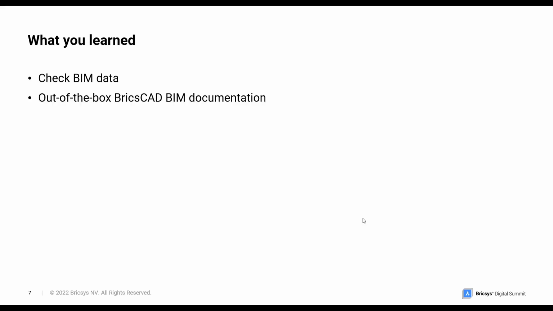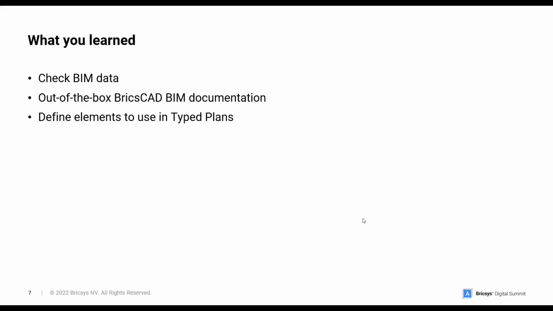Now that we have created all these different stylized plans, it's time to wrap up this session by giving you a small recap of everything we saw. First, we started the session by checking if our model contained all the needed data to be used in the type plan. Next, we saw how the default out-of-the-box BricsCAD documentation style looked.